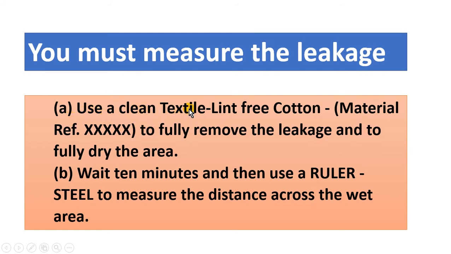Use a clean, lint-free textile cloth, cotton, with the material reference number according to the maintenance manual, to fully remove the leakage and to fully dry the area. Then wait 10 minutes and then use a steel ruler to measure the distance across the wet area, the largest distance.